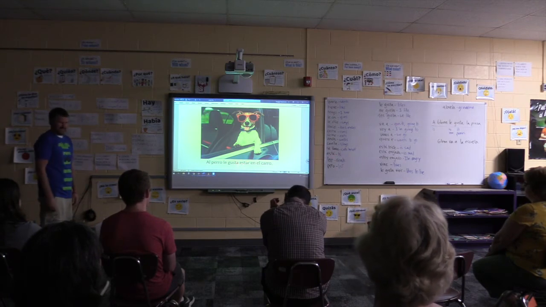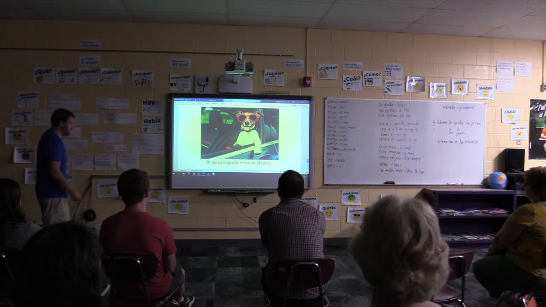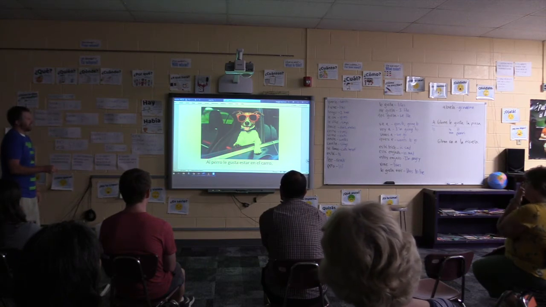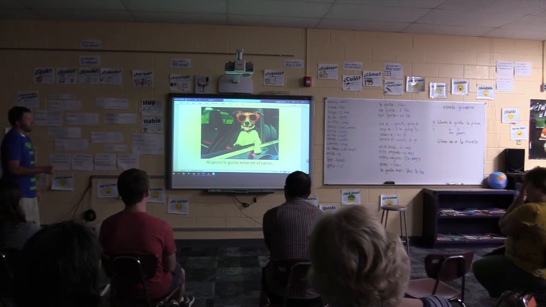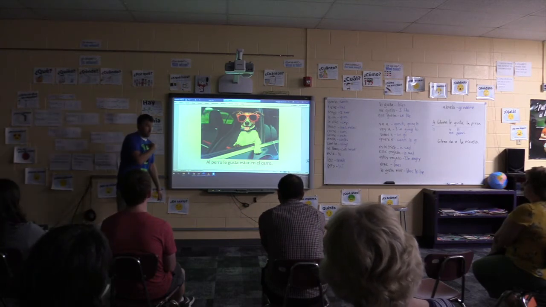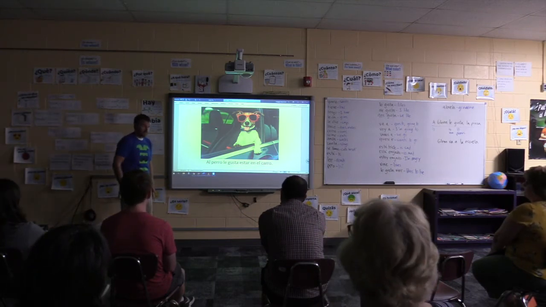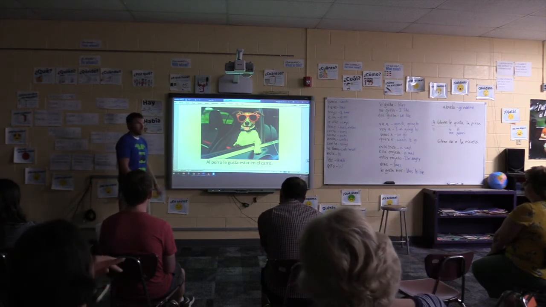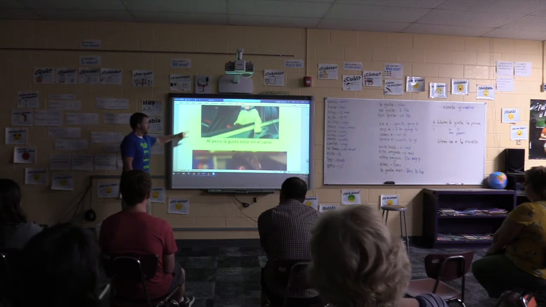How are we going to translate that? To be. 1, 2, 3. The dog likes to be in the car. Mi perro le gusta estar en el carro también. She loves to be in the car.